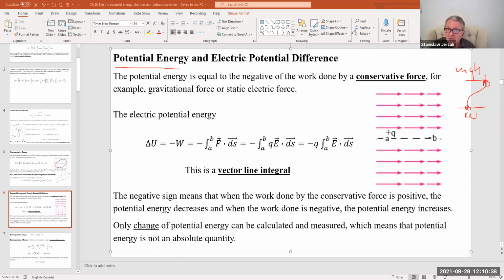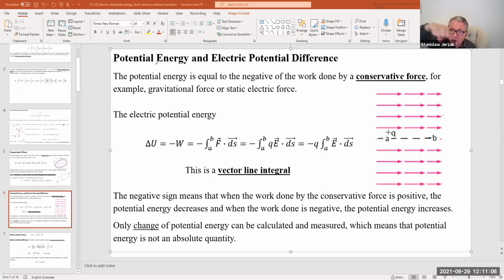Now, the same with electric force. In physics 1801, we defined electric potential energy because electric force is also a conservative force. So I wanted to say that potential energy depends only on the initial and final positions, but it doesn't depend on how the object gets from initial to final.